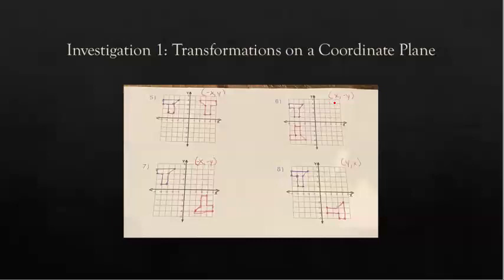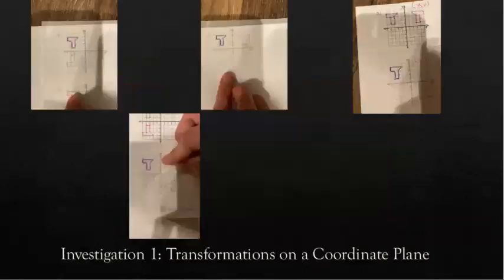On this one, I applied (x, -y). This one down here, I applied (-x, -y). And on this one, I switched my x's and my y's. So this point up here had been (-2, 4), and this point over here, I graphed as (4, -2). So that's where it ended up. Now let's see what happens when I apply the patty paper.